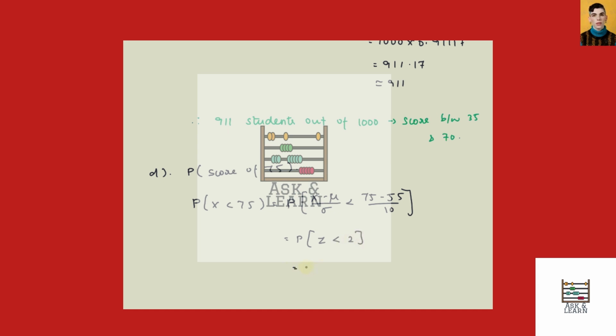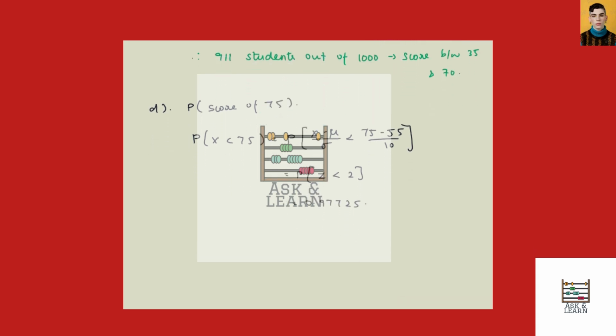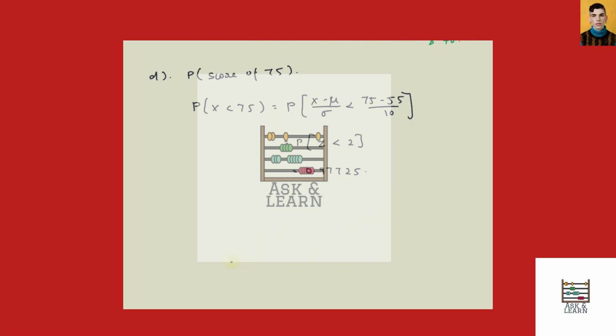By using the z table, we get 0.97725. So the percentile of someone who has a score of 75 is 0.97725. Now here we need to make a curve for the above probability. This is our curve, the mean is 55 and the score 75.